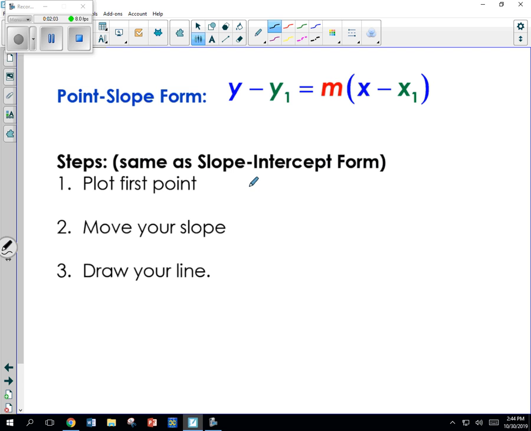But we had to come up with a different method for what happens when I go to plot my y-intercept, and let's say it was actually crossing the y-axis at like 1.5.